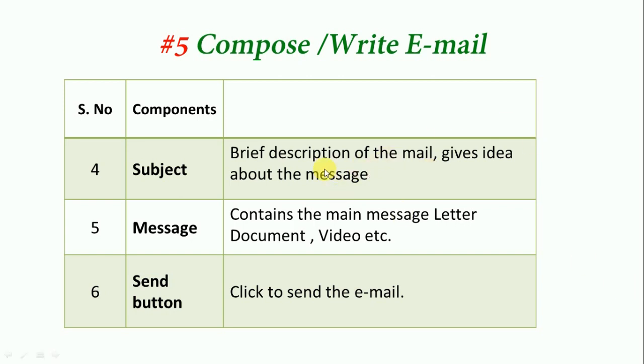It is a brief description of the mail that gives an idea about the message, like the content of the mail. It's like a header. Message is the mail, letter, document, video, picture, anything. That is called the message. Send button: when we click on the send button, we send the mail.